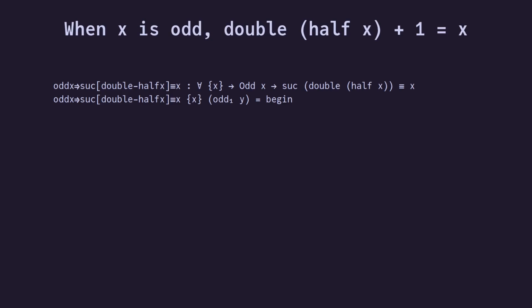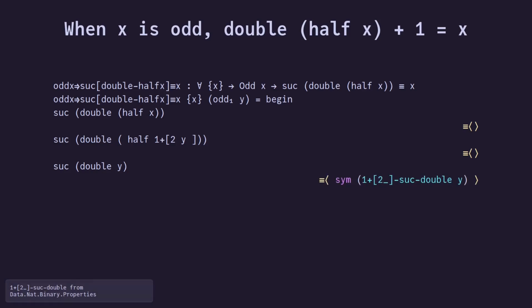Now if the witness is of the form odd 1 of y, we know x is 1 plus 2 times y. So suc of double of half of x is the same as suc of double of half of 1 plus 2y. By the definition of half, that is the same as y. So the result is suc of double of y.